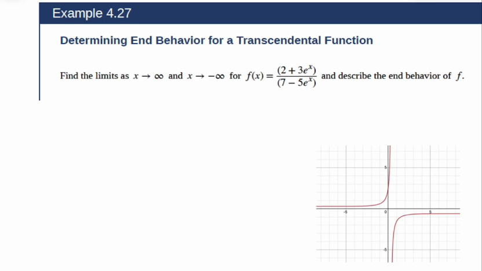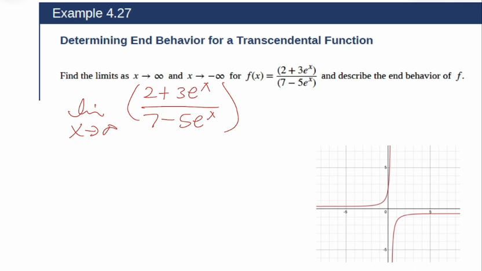It says find the limits for what's called a transcendental function, because it's got e's on top and bottom. It's got irrational numbers in it. So if we look at going to infinity, we are going to get infinity over infinity. e to the x goes to infinity for both the top and the bottom.